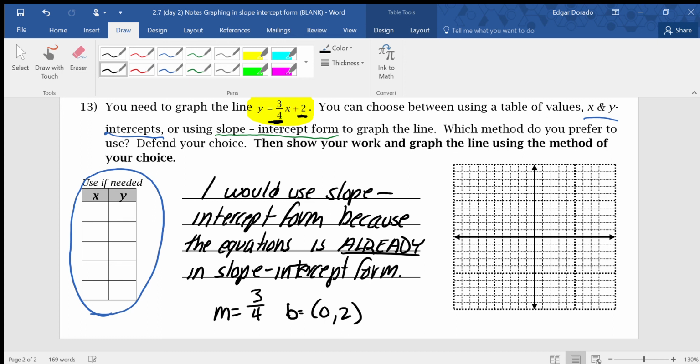And because it's already in slope-intercept form, I can go straight to identifying my slope and my y-intercept, which is exactly what I just did.